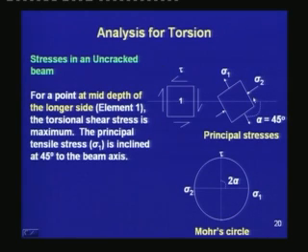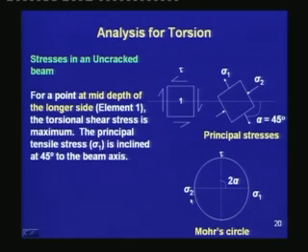For a pure torsion, the sigma 1 and sigma 2 are equal, and when we draw the Mohr circle, it is symmetric about the vertical axis, and we see that a vertical face will be represented by a point in the vertical axis.